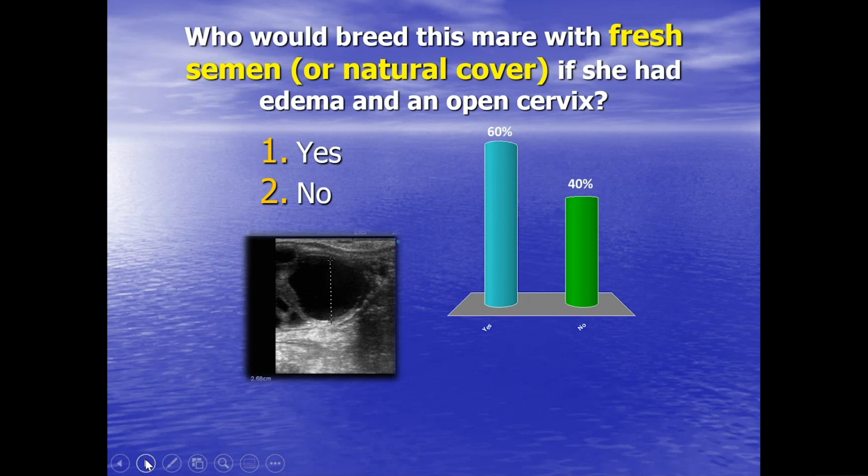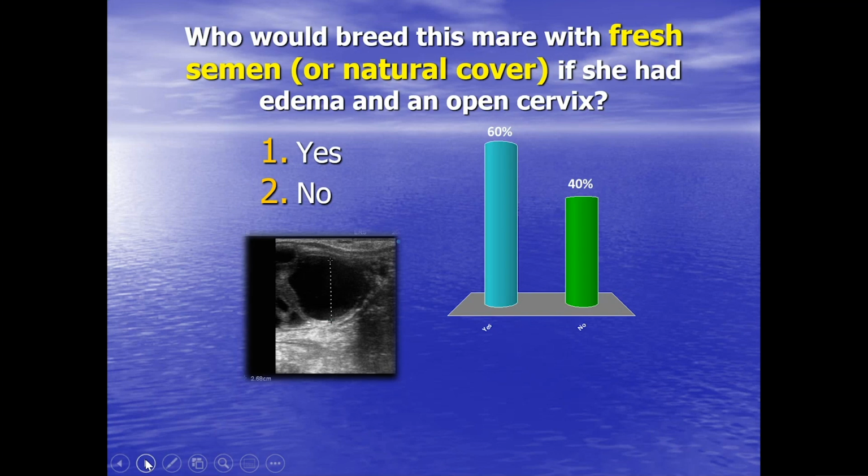60-40 split. Okay, folks, well, I would very firmly be in the camp that if I monitored this mare, she had a nice open cervix, I saw this 28 millimeter follicle, soft, changing shape, she was standing to be covered, we'll cover this mare, because semen lives, with natural covering, a minimum of 3 days, 4, 5, and several stallions' semen lives 6 days.